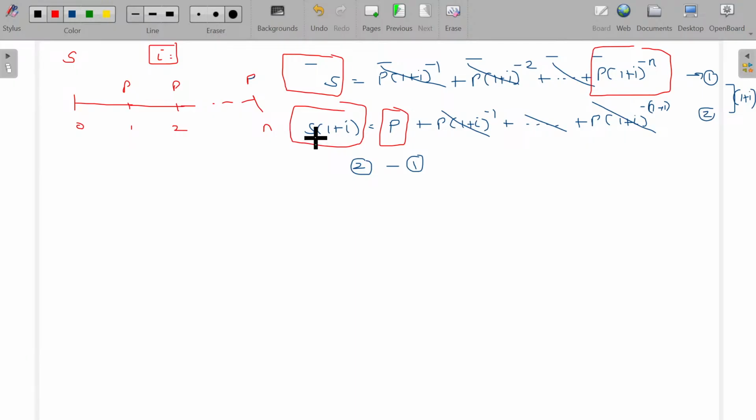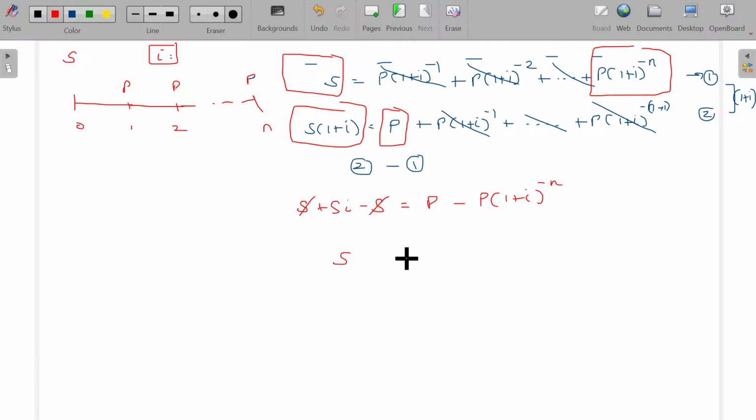So the value being, I multiply this inside, S plus Si minus S is equal to P minus P into (1 plus i) to the power minus n. Plus S minus S cancel. I can take the P out.